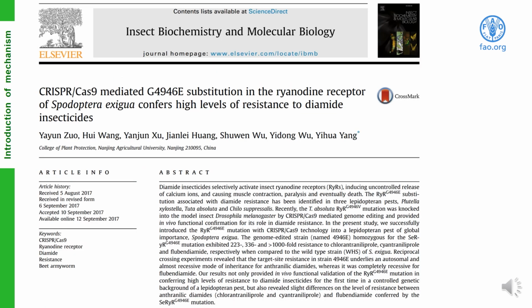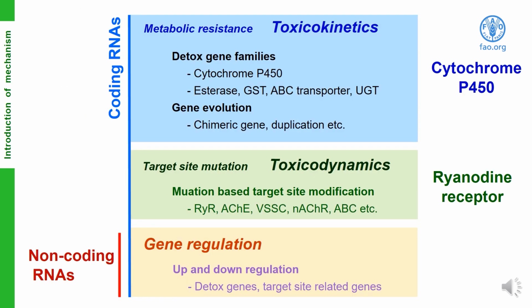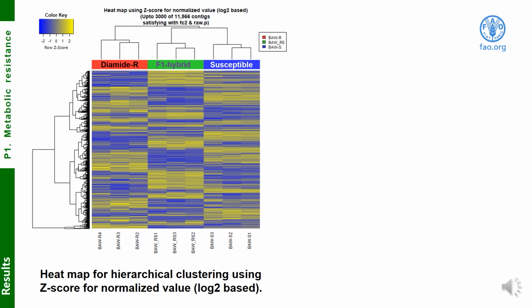And also, using CRISPR-Cas9, the G4946E mutation could be involved in a higher level of insecticide resistance. Based on this concept, we will try to find what kind of genes are linked or involved in insecticide resistance. So I used three groups: a susceptible strain, a diamide-resistant strain, and the F1 hybrid between the two strains.